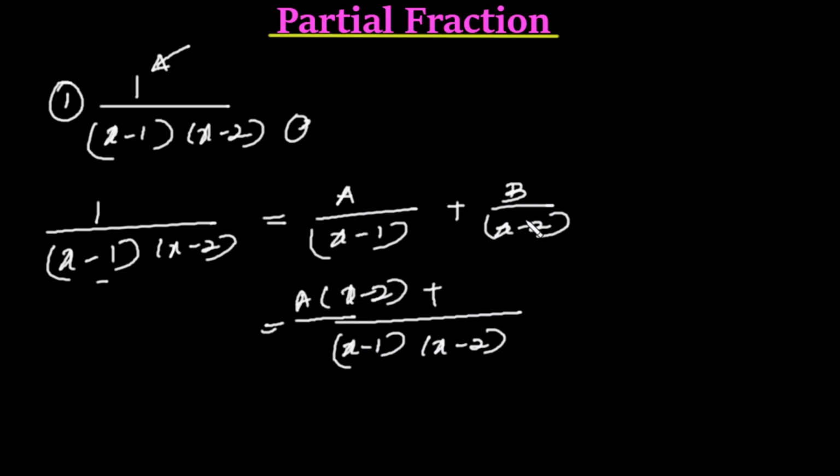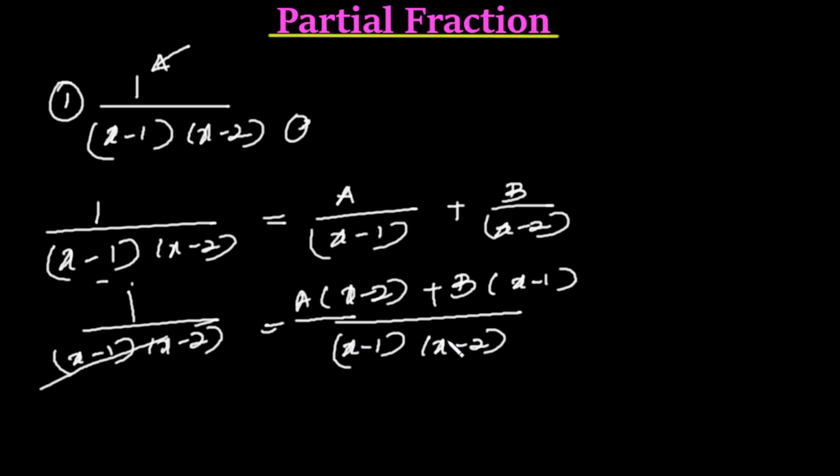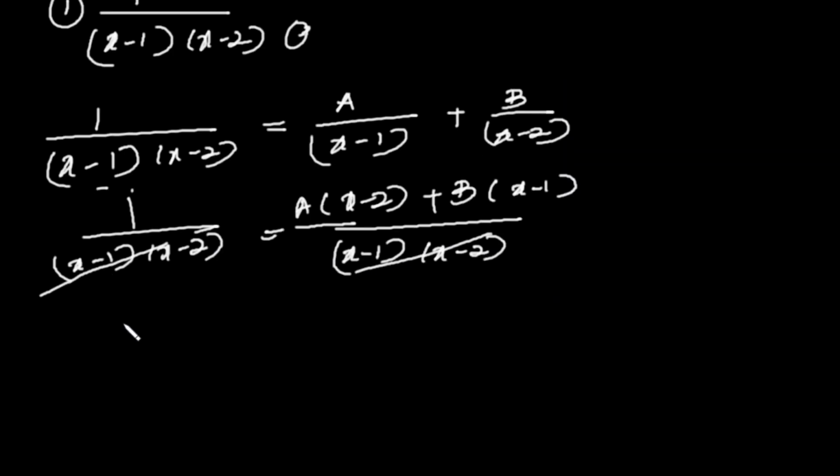So a should be multiplied by x minus 2. The second doesn't have x minus 1, so b needs to be multiplied by x minus 1. Now you can remove the common denominator. Now you have 1 equals a(x minus 2) plus b(x minus 1).